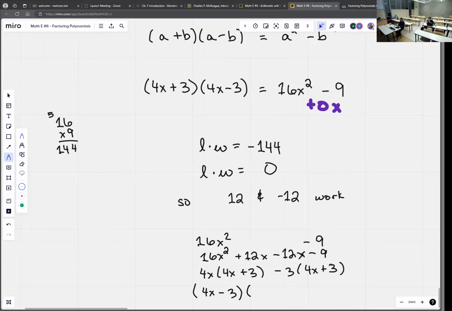And ta-da. So the process I taught you earlier always works, even with these special product cases. But they're special, they're a shortcut. If you happen to see something squared minus 9 and think, oh, 9's a perfect square, that's 3 squared, then I can use my little formula above and save some time.